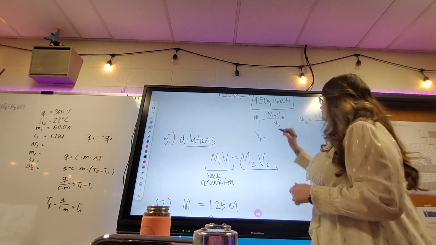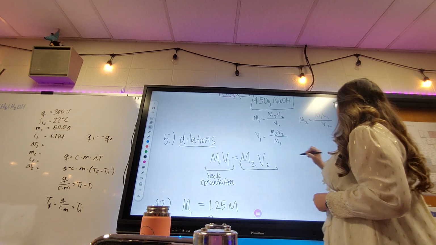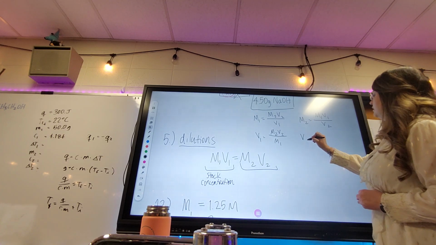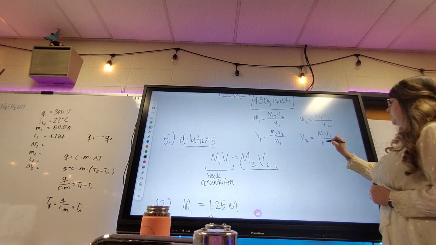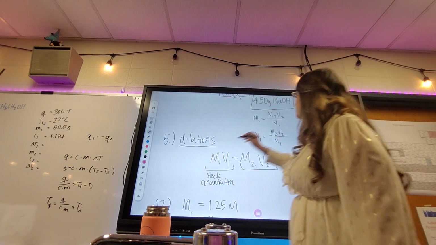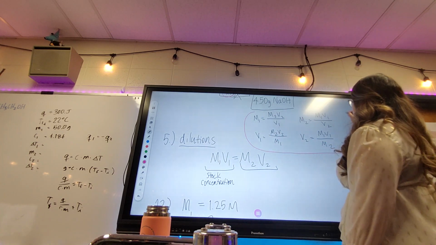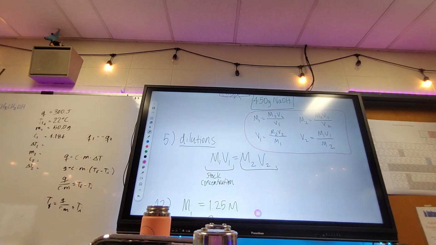To solve for V1, M2V2 divided by M1. And for V2, M1V1 divided by M2. So if you look carefully at this, you could pick out the pattern. But perhaps you just want to have them written down in a tidy way on your purple sheet.